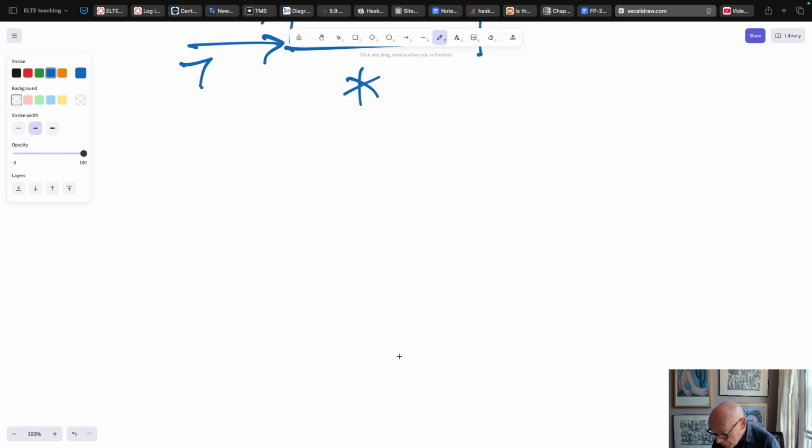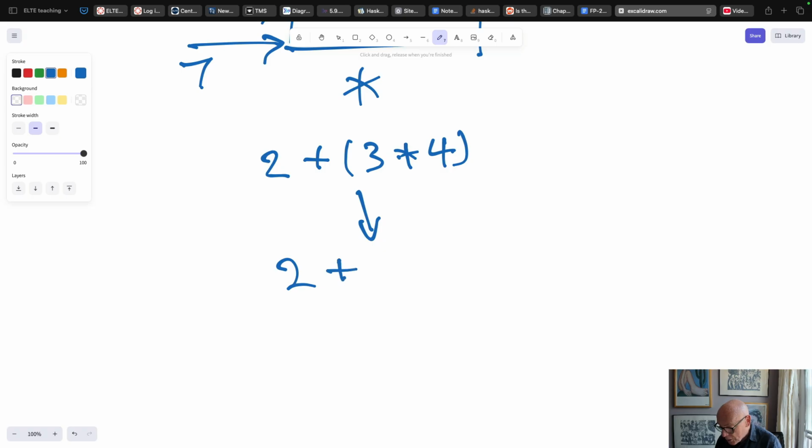So the first example is something like 2 plus 3 times 4. The way we work that out is we can't do the plus because we don't have an answer to what's on the right hand side. So first of all, we see that 3 times 4 is 12. And then we can say the overall answer is 14.